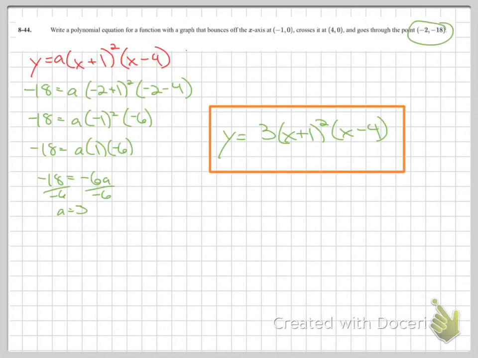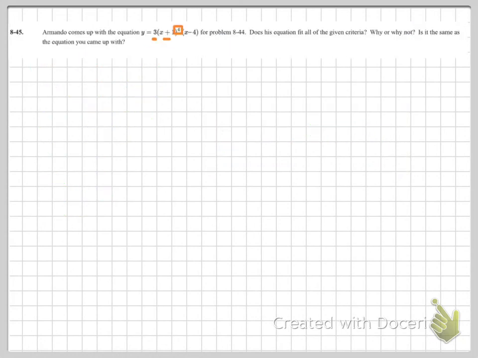Because they tell us it bounces at negative 1, if you were to graph x to the 4th, that does technically bounce. It's not likely that they meant x to the 4th, but it is a possibility. Even exponents bounce. So it does fit all the given criteria, and it's a little different than the one we came up with. We would need to know one more point to make sure both of our equations go through it.